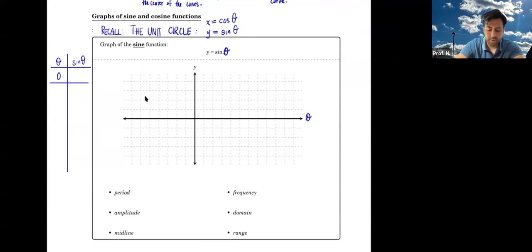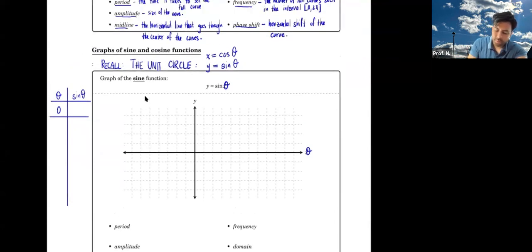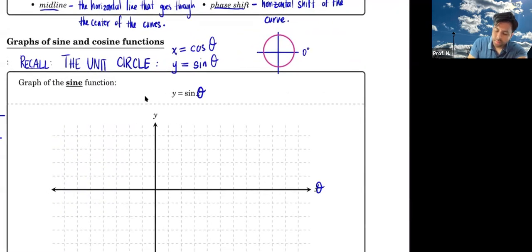Or in other words, go back to the unit circle. I'm going to draw a small unit circle. Remember when we start at 0, we're right here. And what is the point associated with 0? Isn't it 1 comma 0?